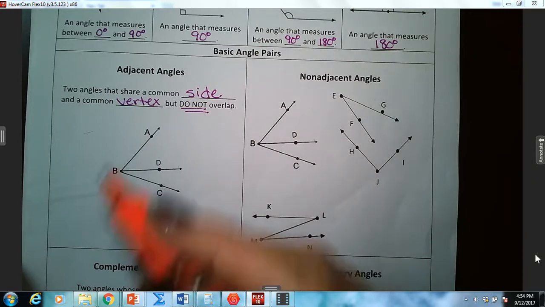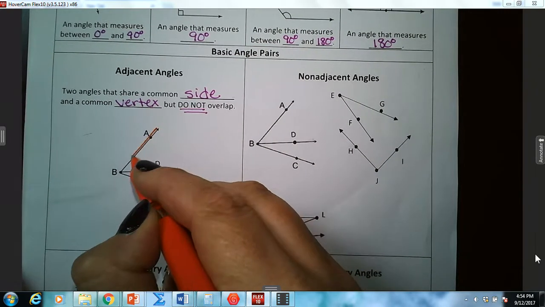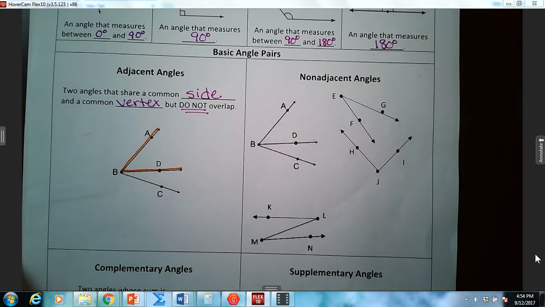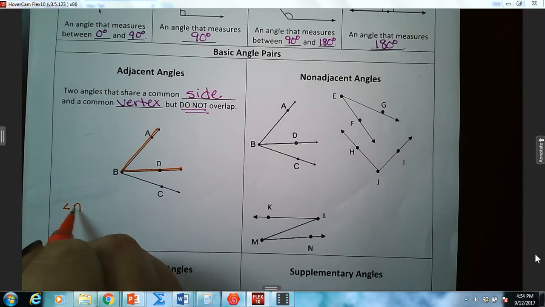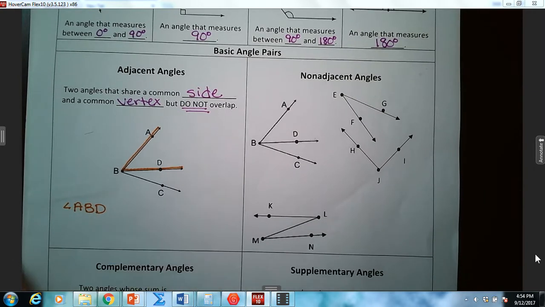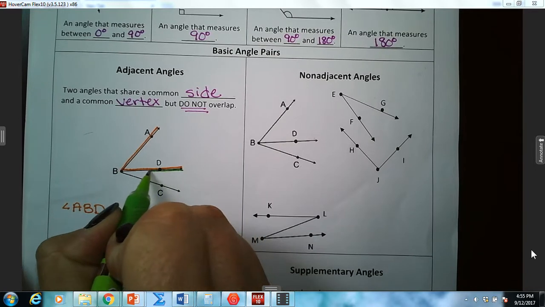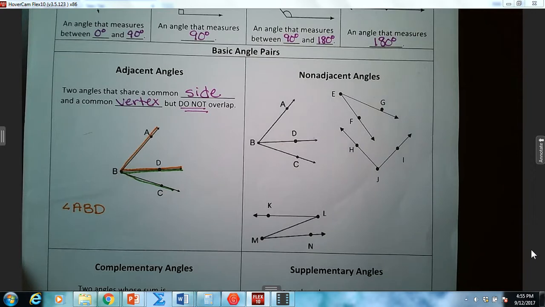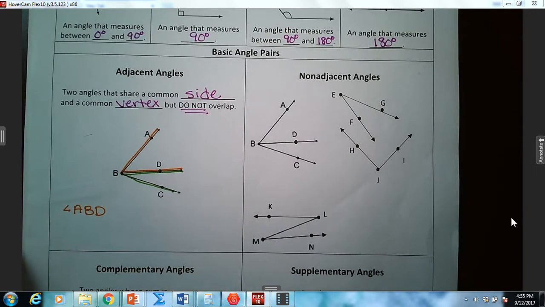We've got angle ABD. Here's where some colors might help out. We've got angle ABD, and it is next to or beside angle DBC. So we can say that angle ABD shares this side.